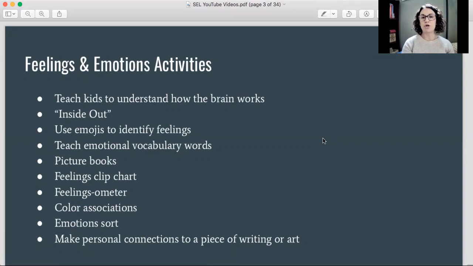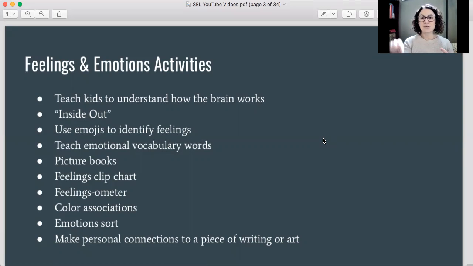A feelingsometer is a way of helping kids understand not only what feeling they are experiencing, but are they feeling a lot of that feeling or a little of that feeling? So my kids made one of these years ago, on a paper plate, with the traditional brad through the middle and the arrows that you can spin around.